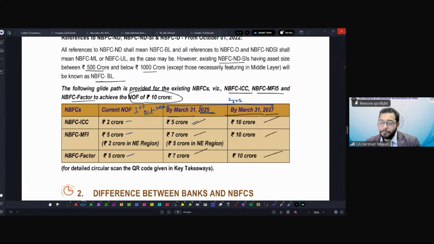Financial instruments. Yes, absolutely correct. Now, when it comes to the NBFC and the application of Ind AS 109, there are some things that they have to do a bit differently. We will not discuss that over here, but I'm letting you know that there are some exceptions to that, like the ECL model.